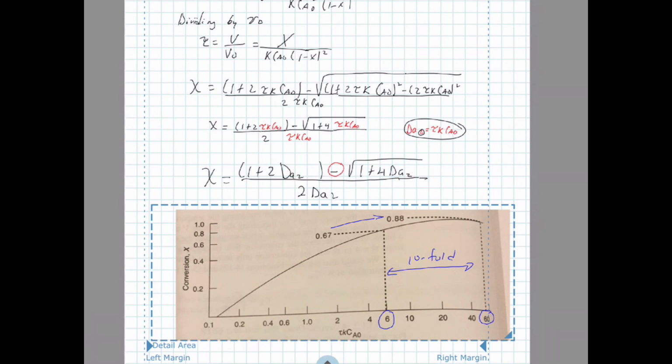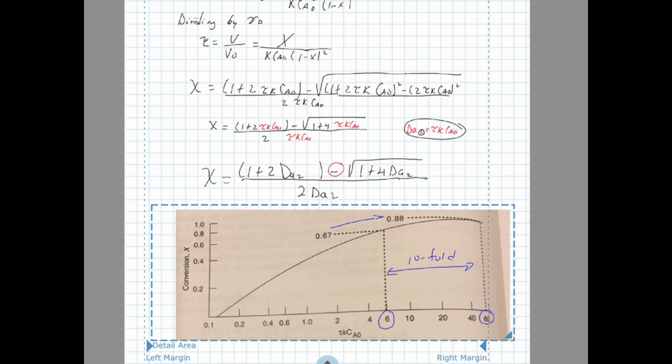at higher conversions it doesn't really affect that much. So remember that CSTRs have very special characteristics: the conversion that we calculate is at the lowest condition, or the lowest concentration of reactants in the reactor.